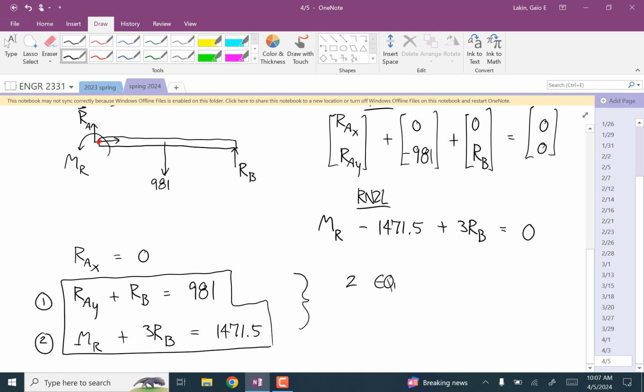That's two equations for 3 variables. So we can't solve this yet. Okay? Everyone agree with me on that? This is statically indeterminate.